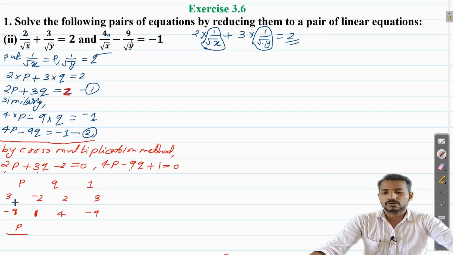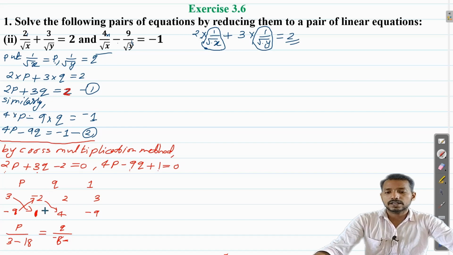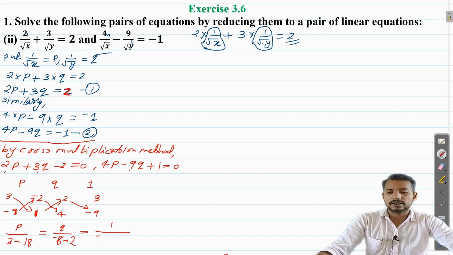P divided by 3 into 1 is 3, minus 9 into minus 2 we will get plus 18, which is equal to q divided by minus 2 into 4 is minus 8, minus 1 into 2, which is equal to 1 divided by 2 into minus 9 is minus 18, minus 4 into 3 is minus 12.